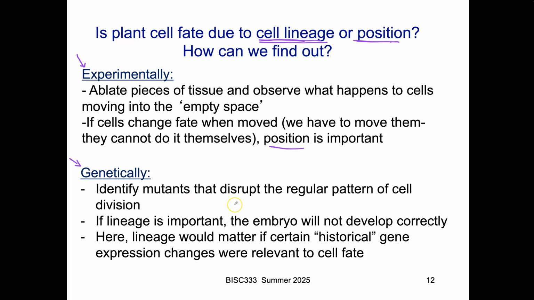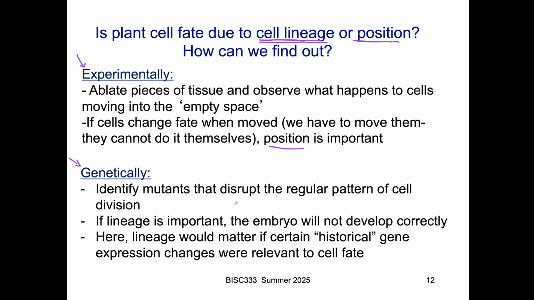Whereas we can also take a genetic approach. If you were to disrupt the regular pattern of cell division, so the cells divide in a certain way and form a very orderly structure with cells at one end taking on one fate and cells at the other end taking on another fate, then that suggests that they've had genetic changes occur through the history of those cell divisions, certain genes turned on, certain genes turned off.